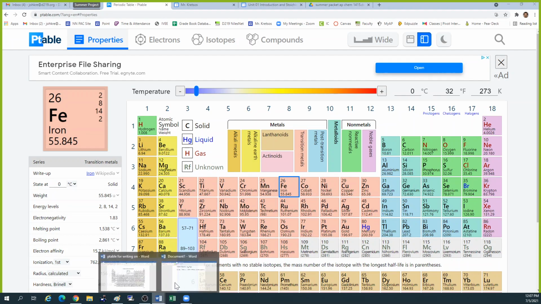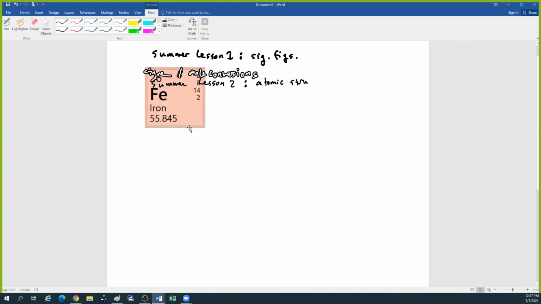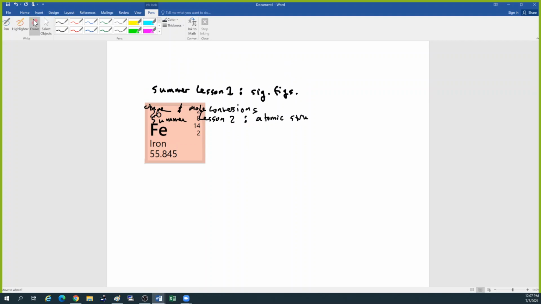Okay, so let's go here. Throw the image in place. Eventually. Ooh, the spinning wheel. Sometimes my computer doesn't like to play nice.